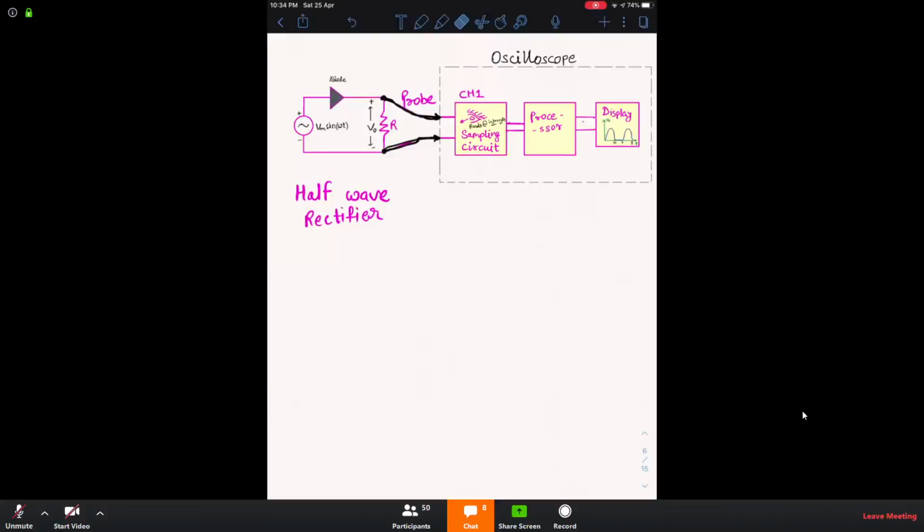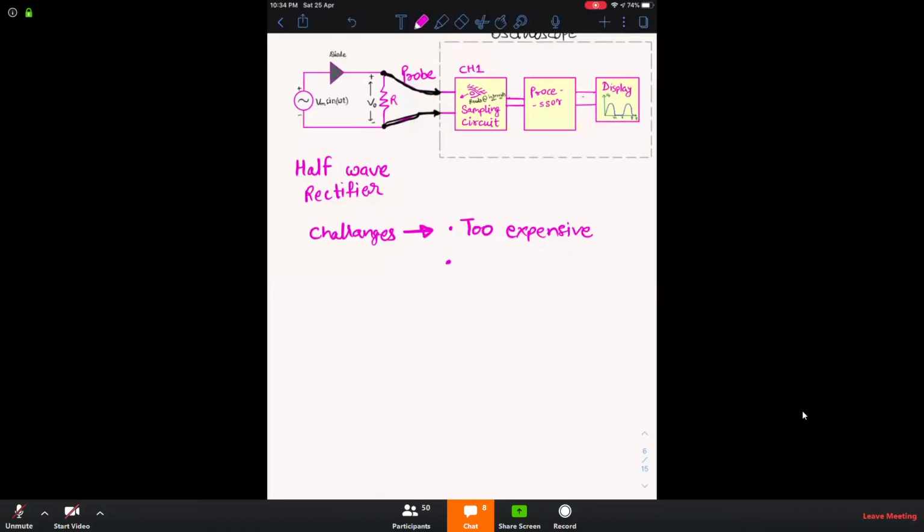Now, let me write down the challenges that we have with the current oscilloscope. So the first challenge is they are too expensive. And the second thing is that in your labs also you might have seen that the oscilloscopes are very big and bulky.